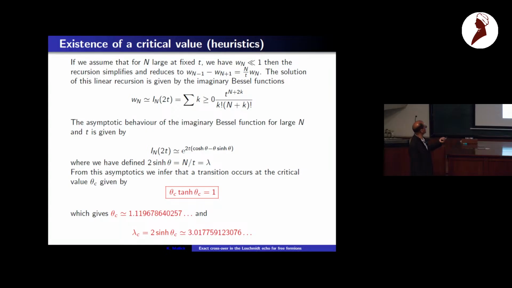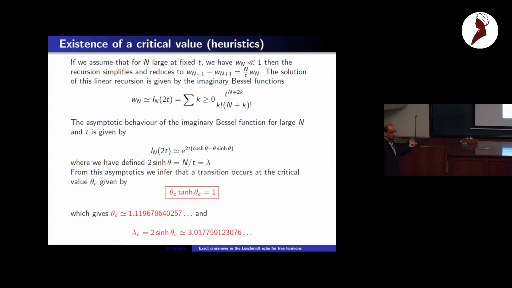These imaginary Bessel functions, for large n and large t, behave like exponential of 2t times some Lyapunov exponent, which depends on a factor theta. The factor theta is essentially the inverse hyperbolic sine of lambda, lambda being n over t. It's just a parametrization. When you look at that, you see that the sign of this object here will be either positive or negative depending on the value of theta.